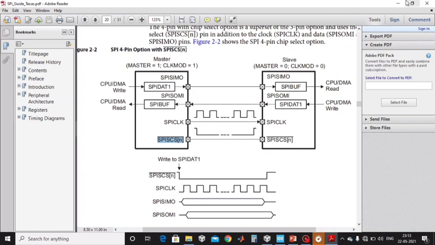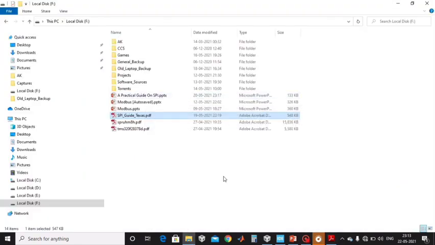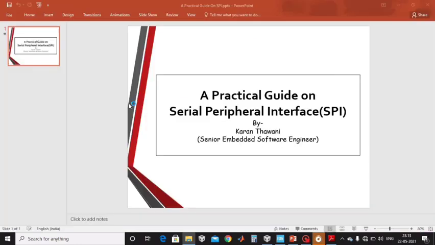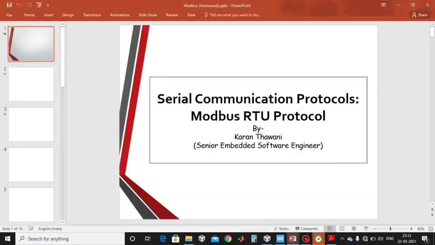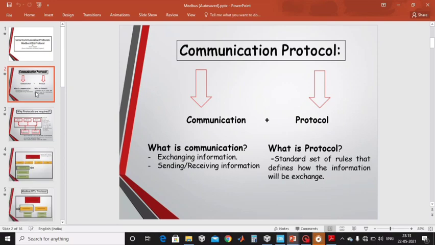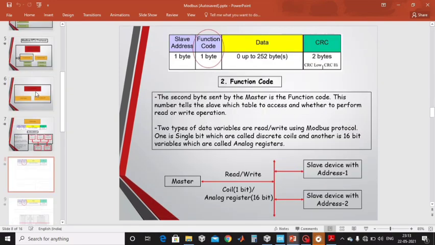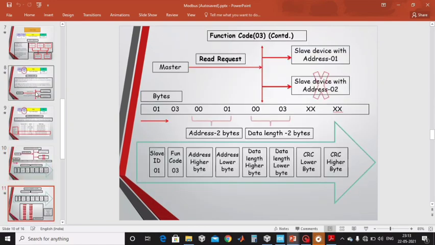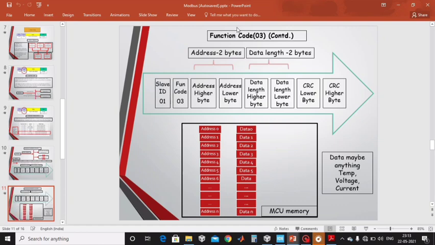Let me open my first presentation, and I will guide the people who are new to the Modbus protocol, people who don't know about the Modbus protocol. So I will just show the data frame for the Modbus protocol. Yes, this was the data frame for the Modbus protocol.